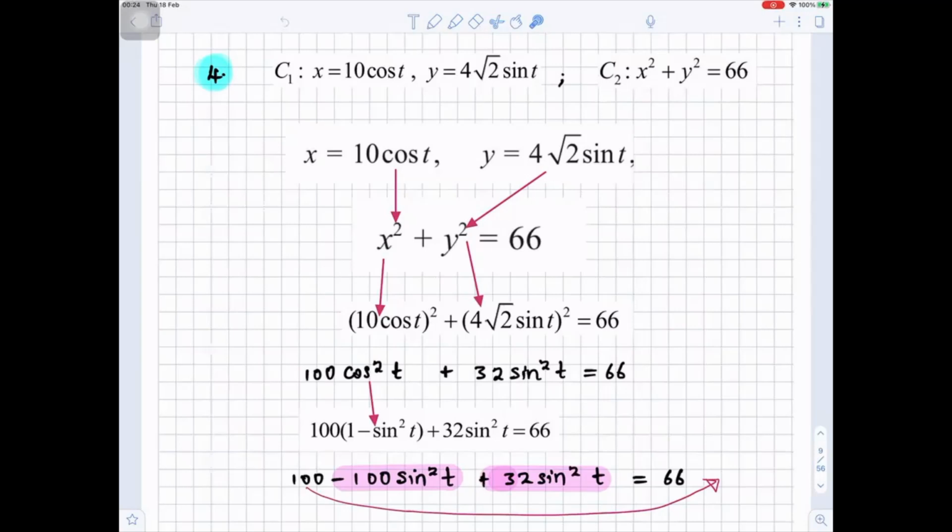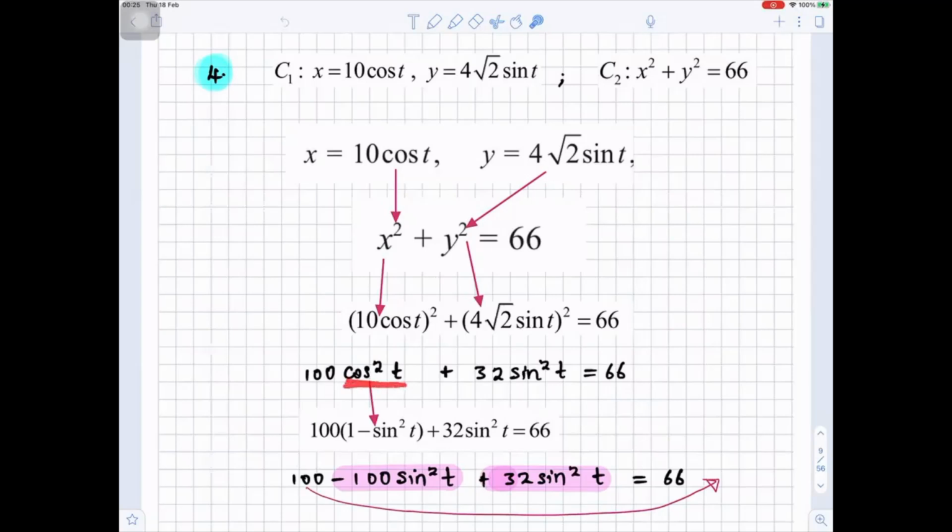So now we want to solve it. We substitute, replacing x with 10 cos t and y with 4 root 2 sine t. So 10 cos t all squared becomes 100 cos squared t. 4 root 2 sine t squared becomes 32 sine squared t, equals 66.